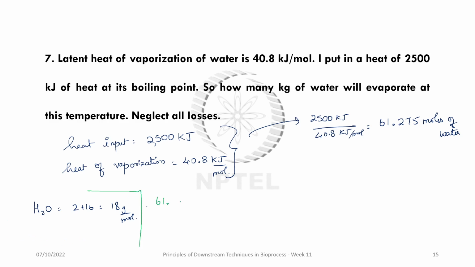So 61.275 moles into 18 gram per mole is equal to 18 into 61.275, getting 1102.95 grams.